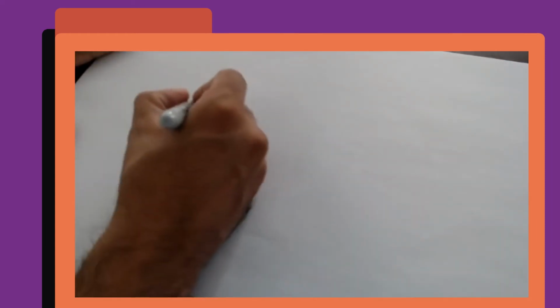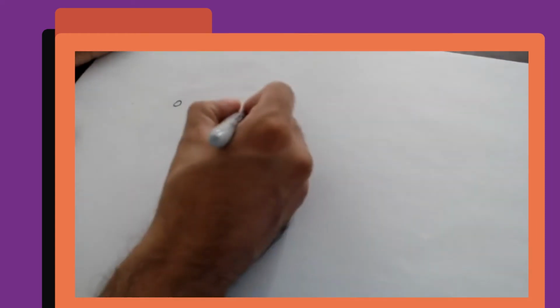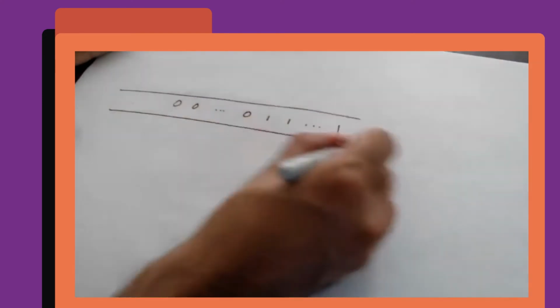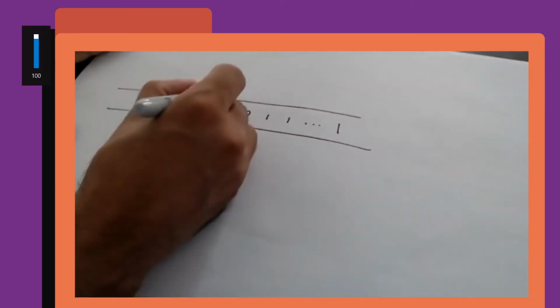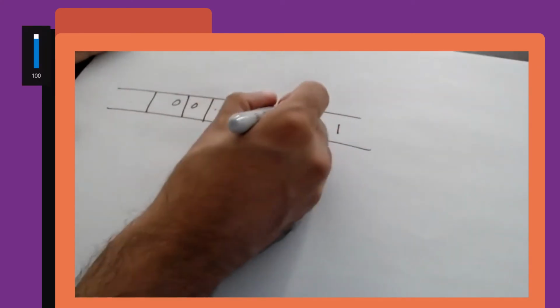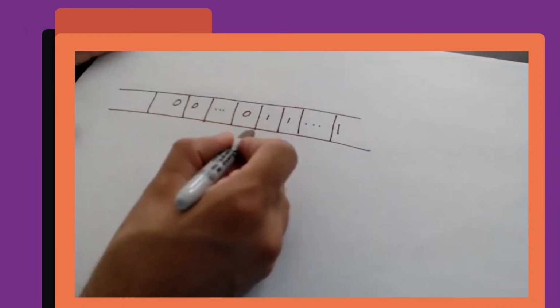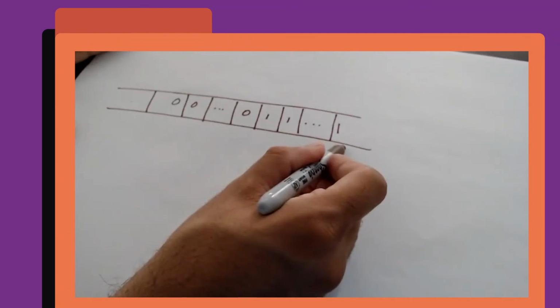So now we can run the algorithm and count the number of elementary operations. So suppose we have the following input on the tape of the Turing machine. The input consists of some n number of zeros followed by n number of ones.